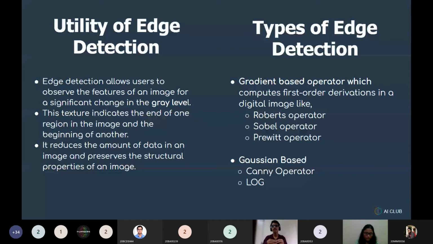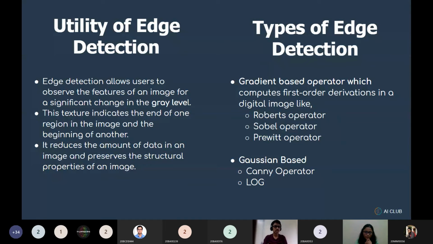Whenever we call for an edge, it could be a different combination of edges, regular or irregular. But when we are talking about gradient based operators, we would always go for straight lines. It could be diagonal, or straight, like horizontal or vertical. Thus we have different operators like Roberts, Sobel, and Prewitt. Let's get a gist of all the operators one by one.